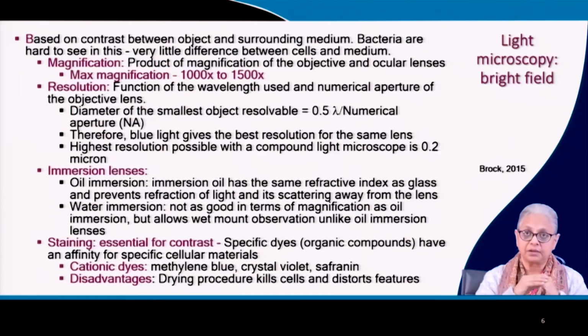We don't put air in between, because one, the objective lens comes very close to the object, and two, to ensure that the light passing through the object is collected by the objective lens completely. You can use a drop of oil or a drop of water, either will do. Oil gives better results. This ensures that the light does not scatter away from the object, and it is collected completely by the objective lens.